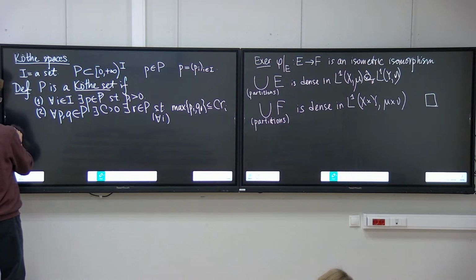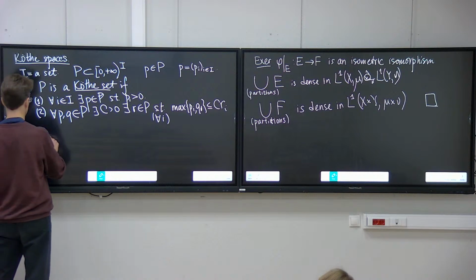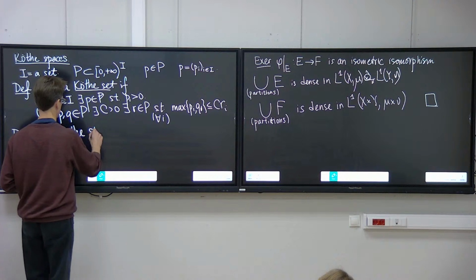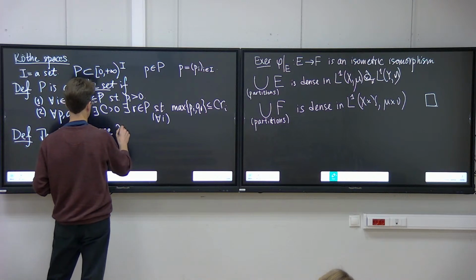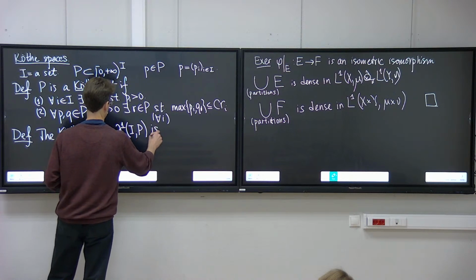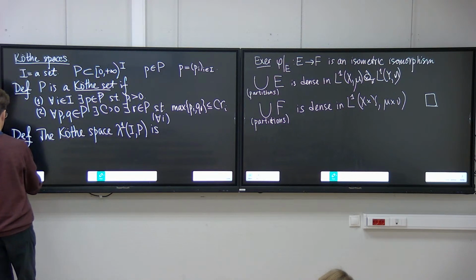If now P is a Curtis set on I, then we define the Curtis space lambda 1 of I, P to be the following vector space.